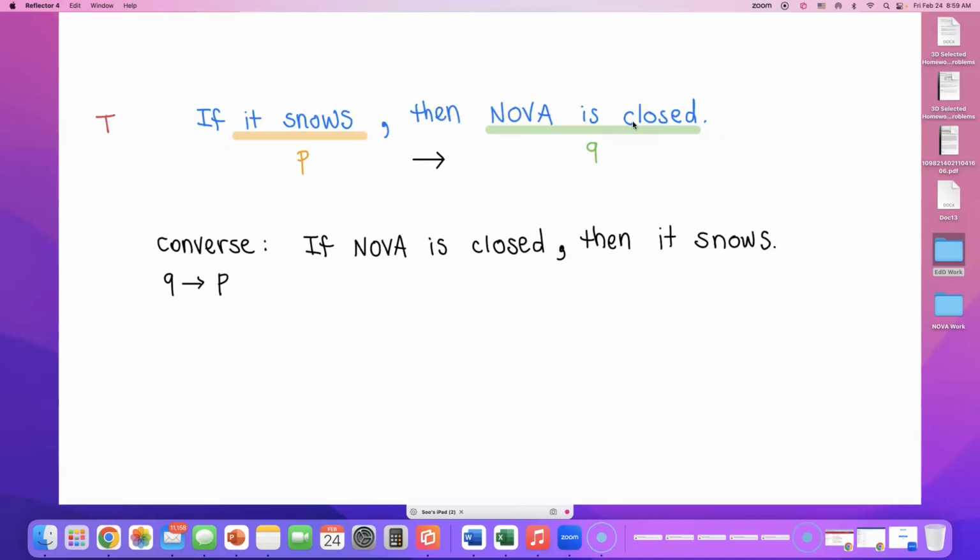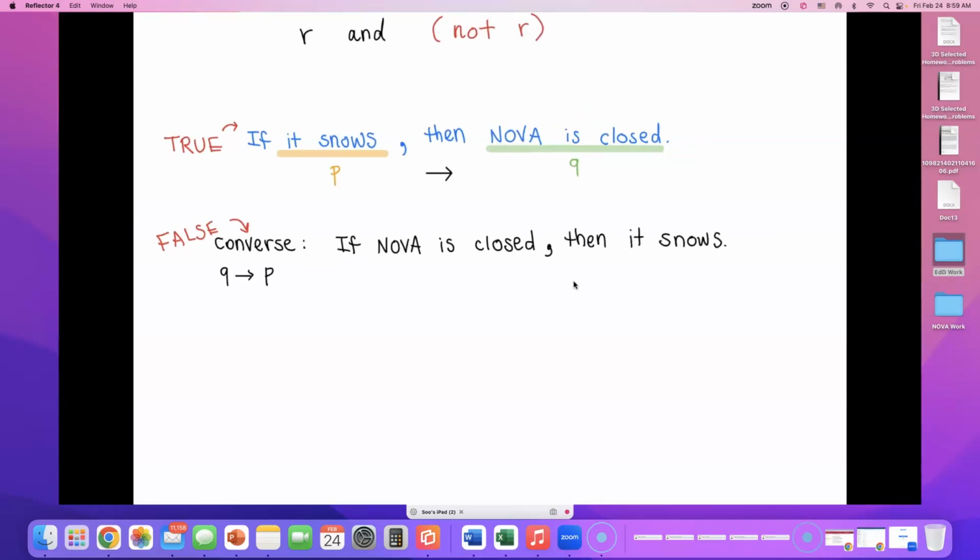I'll write down true here. This is true. I think I wrote a true proposition there. But what about the converse? If Nova is closed, then it snows. No, that's not true, right? Nova may be closed because it's a holiday, or we have a fire alarm, so this is false. I'll say this is false. This is not really true, okay?